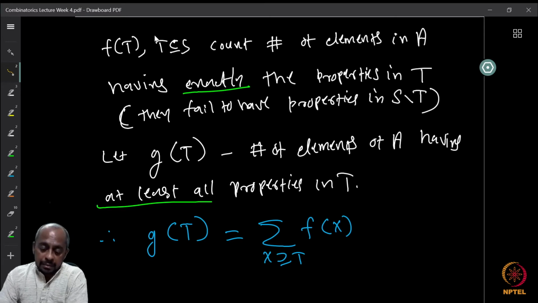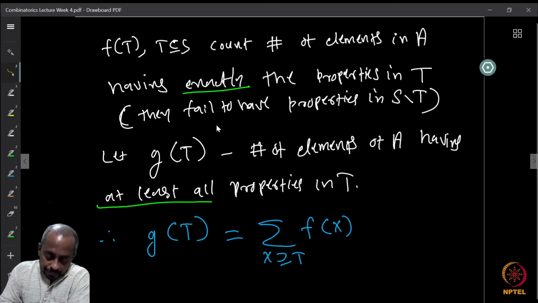So T is a subset of S, so T describes certain properties. Now f of T counts those elements that have exactly these properties and nothing else. So the other properties it does not have, right? Only these properties it has, precisely these properties. So whatever that number is, that is counted by f.